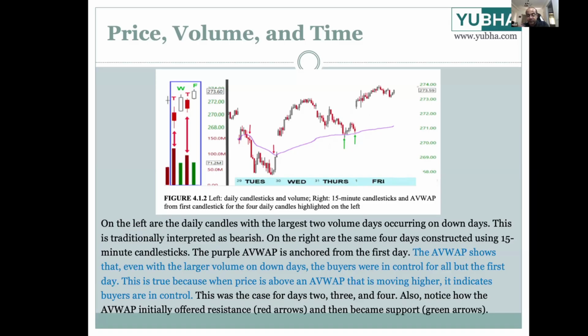If it's broken on the upside, the price will rise up very quickly. And that is why you can see that there's a gap over here as soon as the VWAP was tested on the Thursday, and then prices started moving up very quickly. So this gap that you see is the gap that happened after the close of Thursday and the opening on Friday. Any questions till now?